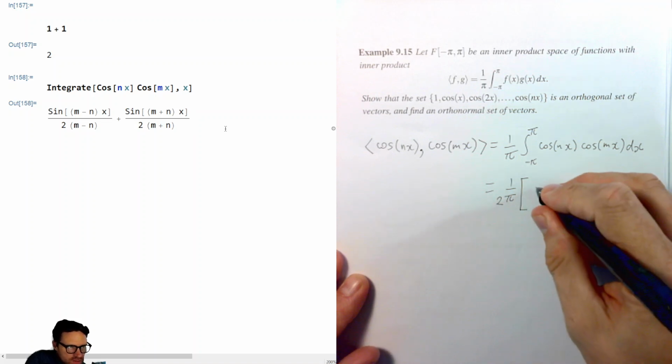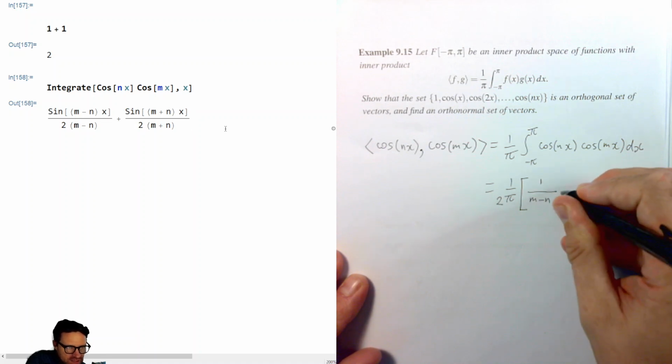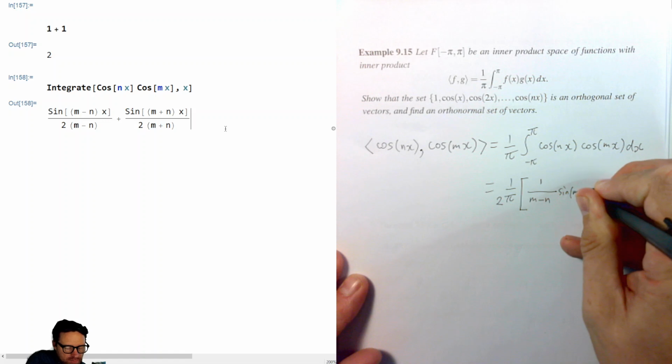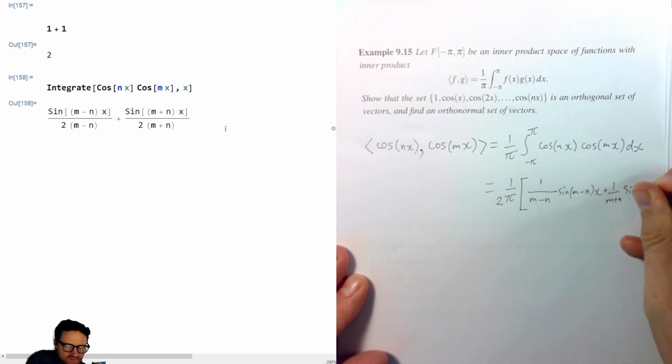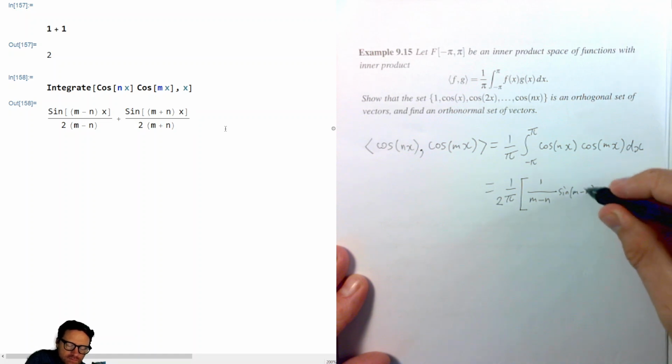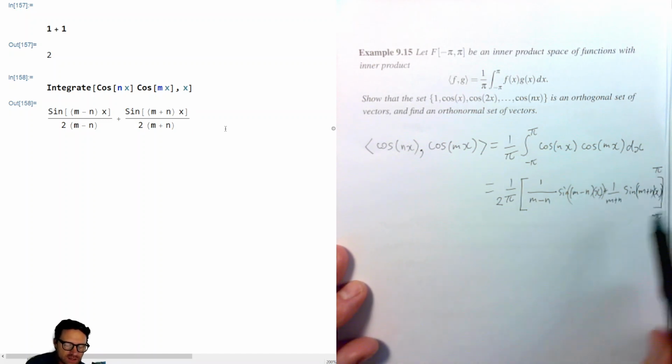Then inside we have 1 on m minus n sine of (m minus n)x plus 1 on m plus n sine of (m plus n)x, evaluated from minus pi to pi. Next, we substitute in pi and minus pi.